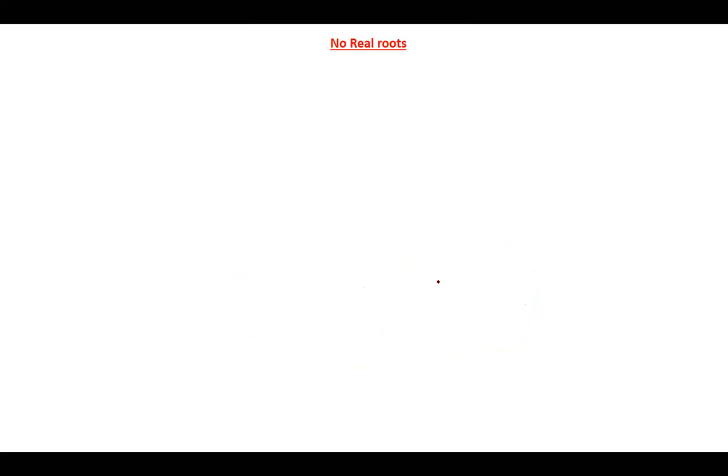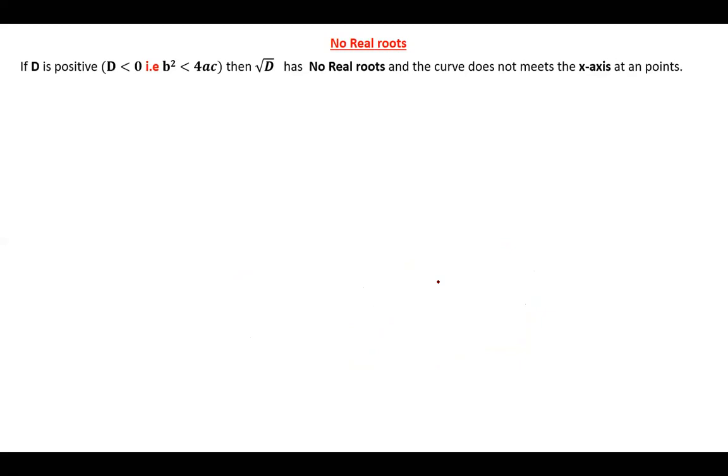All right. Then how do you know if it has no real roots? You can only know that a given curve has no real roots when the discriminant is less than 0. When the discriminant is less than 0, it means it has no real roots, meaning it has imaginary roots.